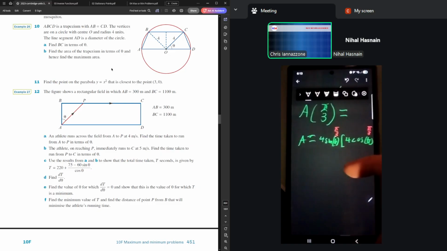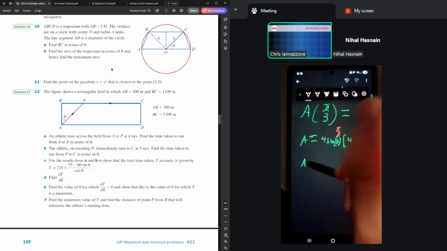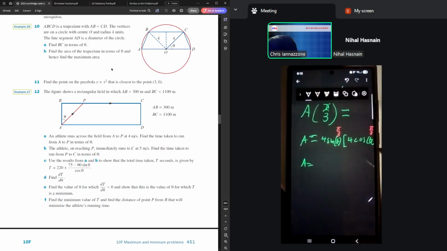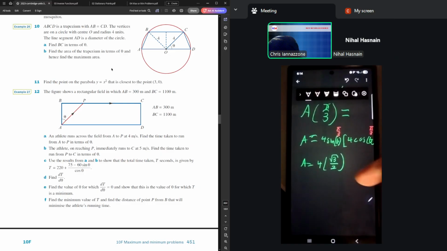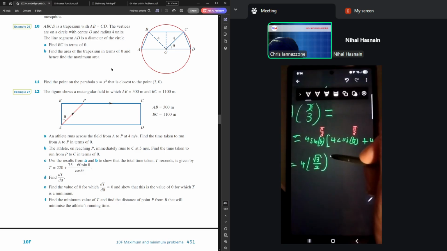As far as starting to simplify those down, 4 sine pi on 3 is going to be 4 times root 3 over 2.